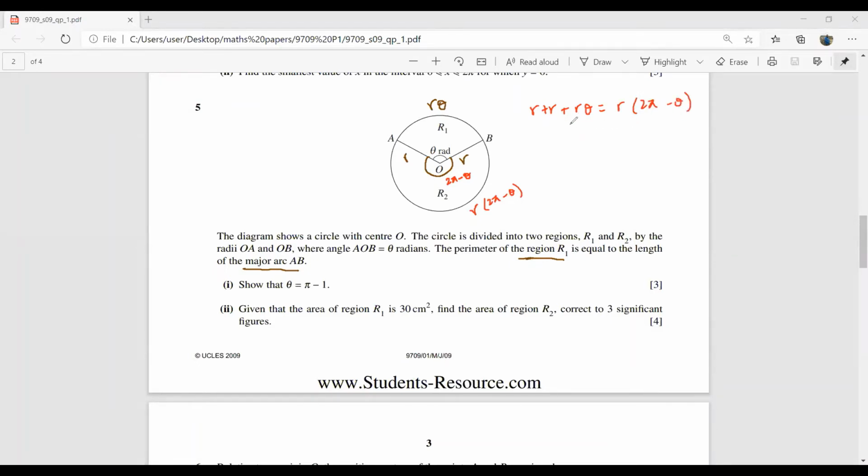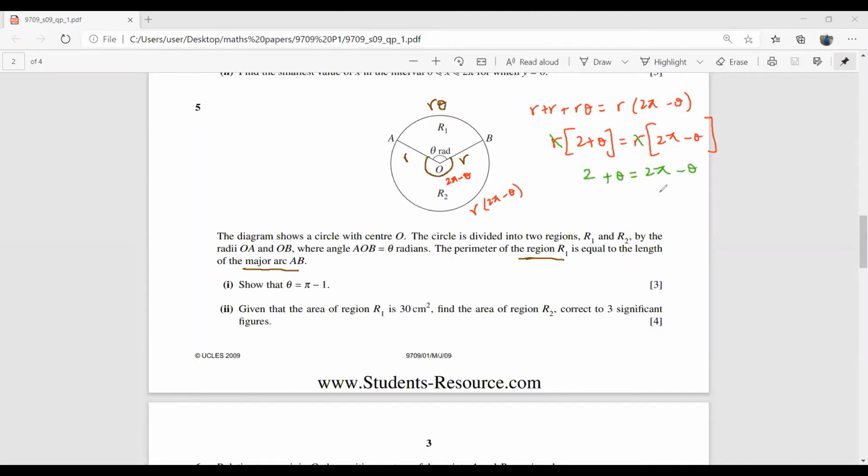We can cancel out R from both the sides by taking it as common. So R into 2 plus theta is equal to R into 2 pi minus theta. These R's are cancelled out. So we have 2 plus theta is equal to 2 pi minus theta.